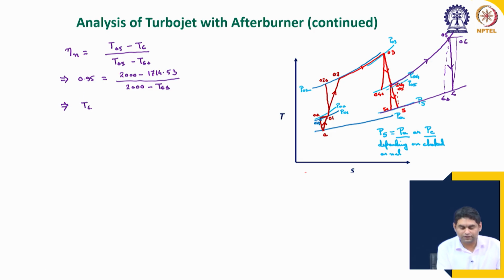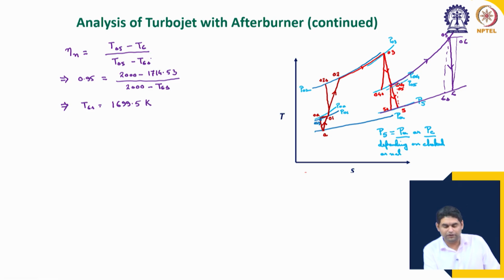Now T6s can be obtained, and it comes out to be 1699.5 Kelvin. We expect T6s to be lower than the T6 value, because more expansion will happen in the ideal case, and that is what we are finding: it is slightly lower than the value of T6.